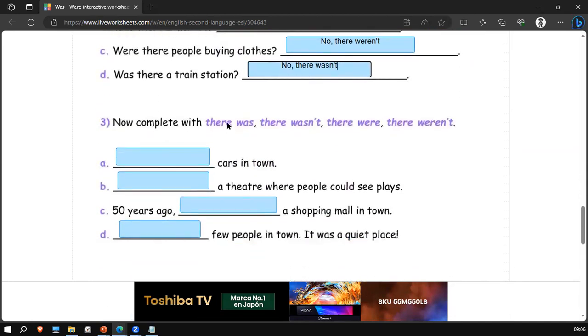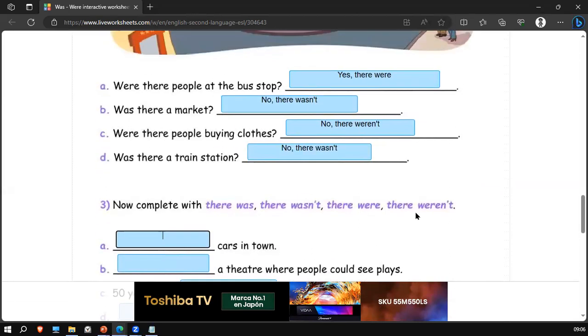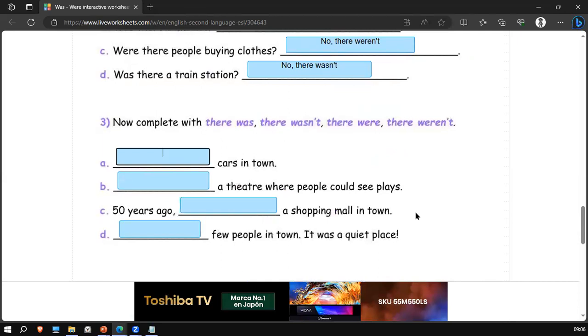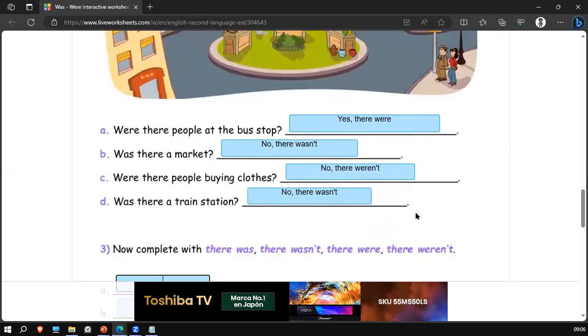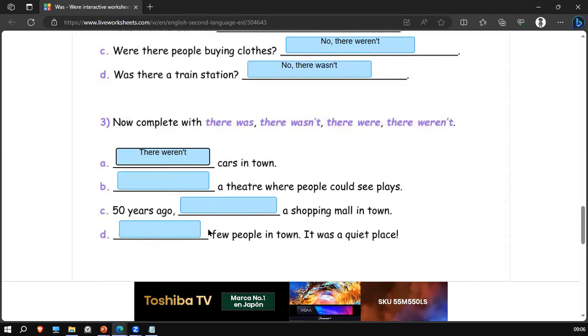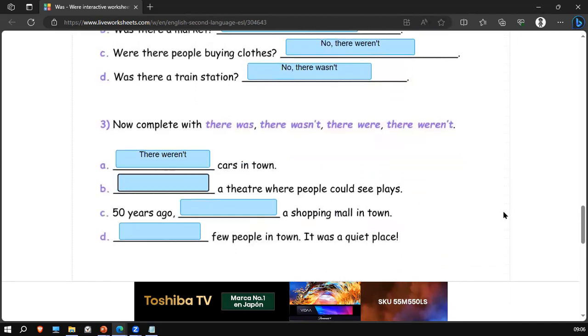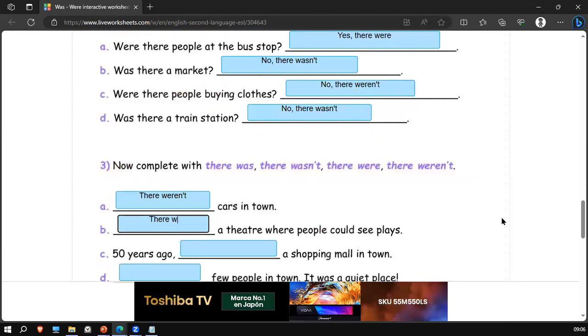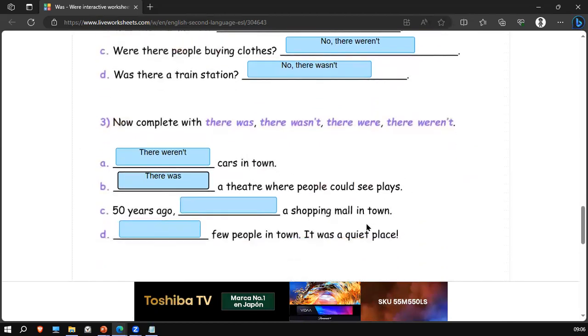Now complete with there was, there wasn't, there were, there weren't. What do you think? There weren't cars in town. There was a theater where people could see plays 50 years ago.